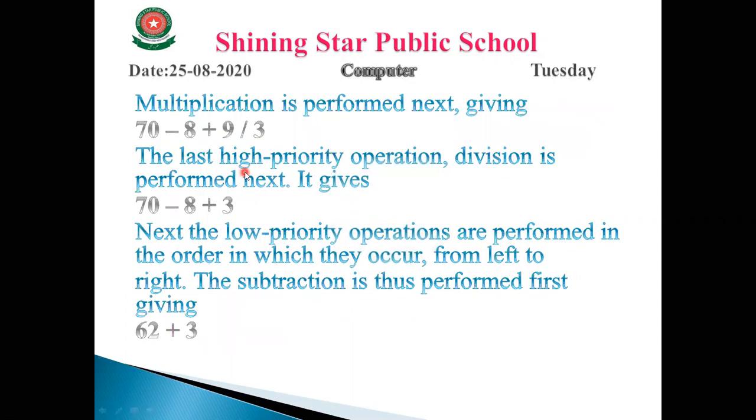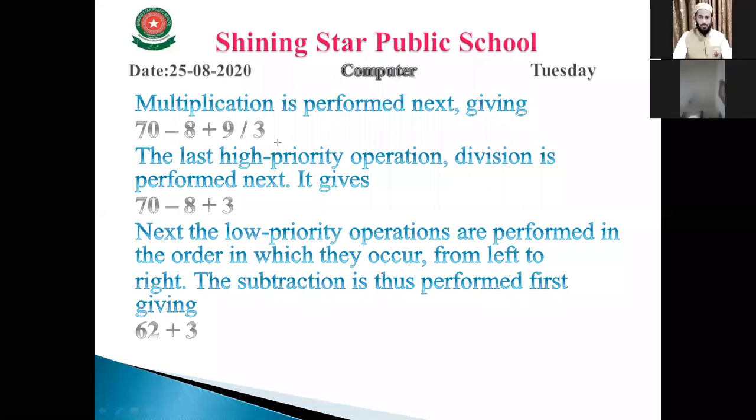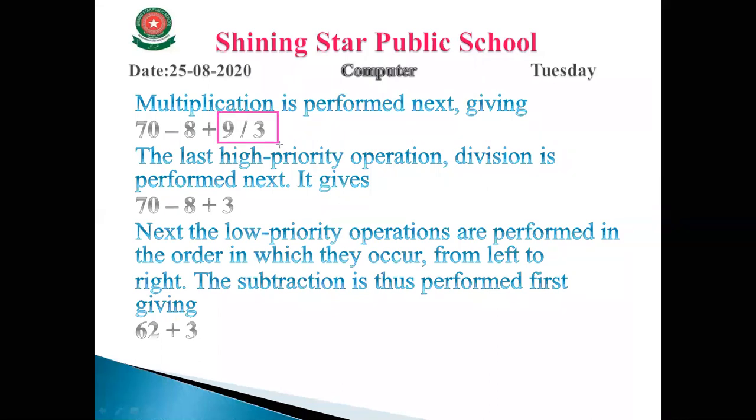The next priority is division and multiplication, but the leftmost is multiplication, so we multiply 2 with 4, which becomes 8. Now the next is division: 9 divided by 3 becomes 3. So we have 70 minus 8 plus 3.